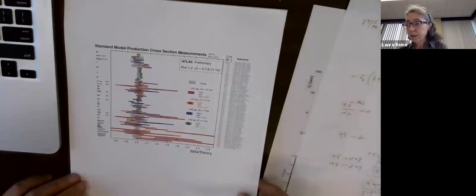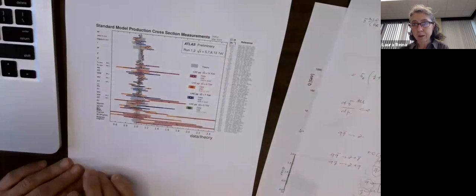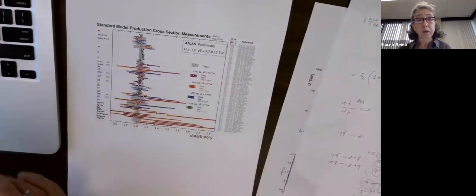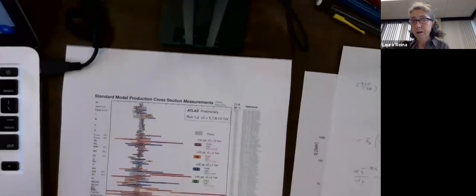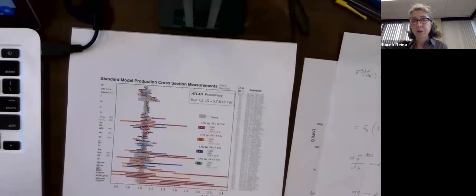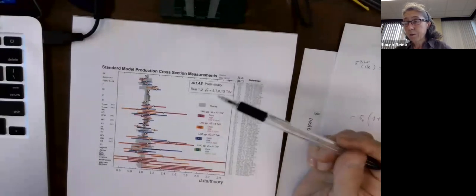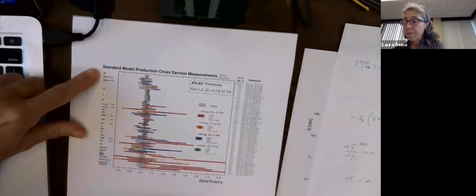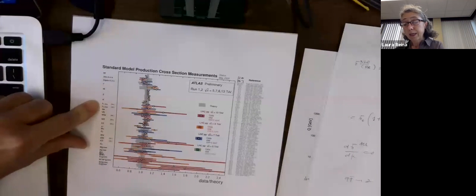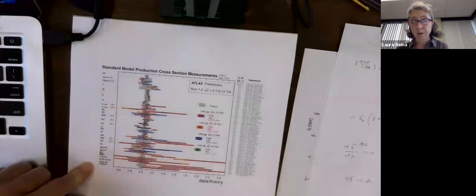I wanted to show you this very busy plot that I don't know if you can see quite well, but it will be in your notes. So let me illustrate for you what this means. What this plot shows is a plot from the ATLAS collaboration that compares experimental measurements at the LHC for 2-to-1, 2-to-2, 2-to-3, 2-to-4 processes that are of particular relevance to colliders.